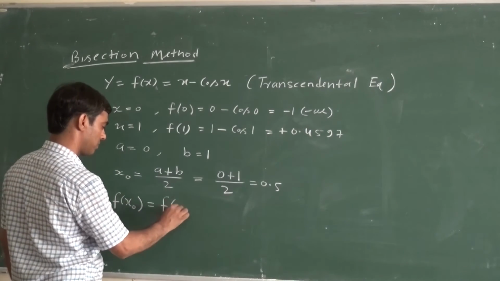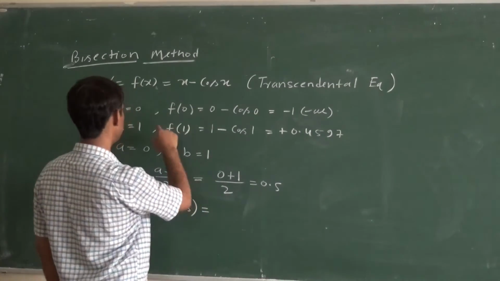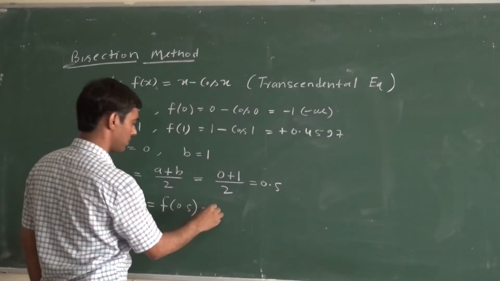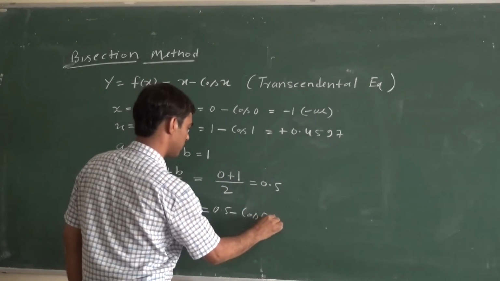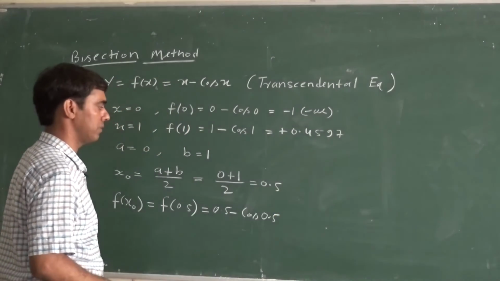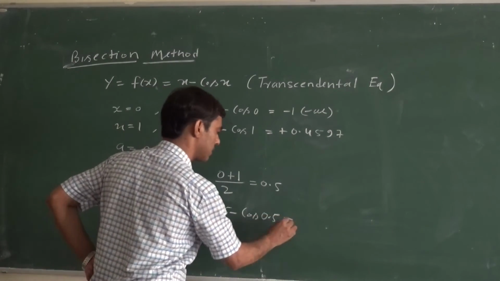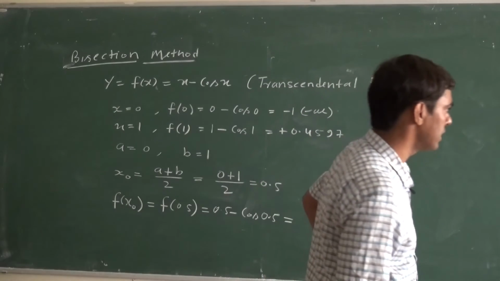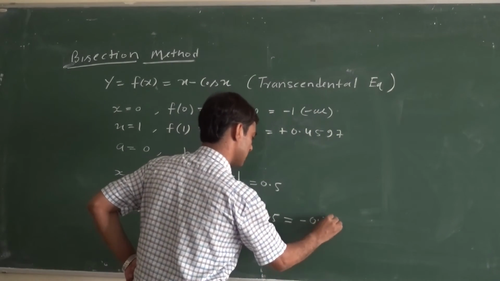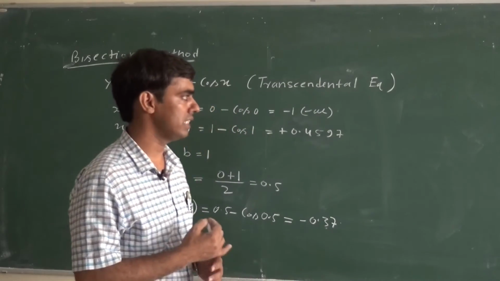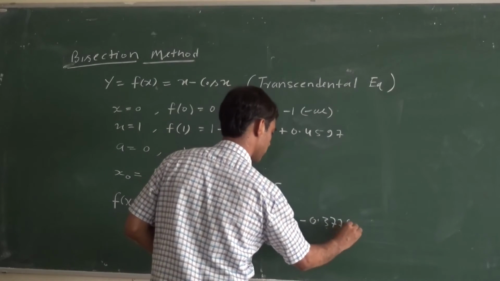F of 0.5 means we put 0.5 minus cos of 0.5. We have already calculated this value: it is minus 0.37758.